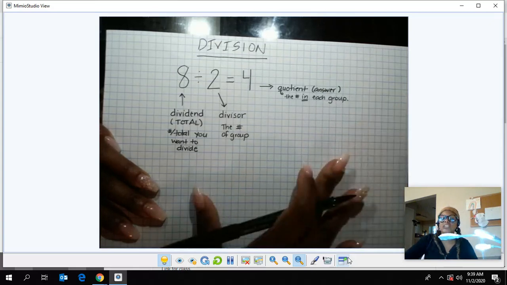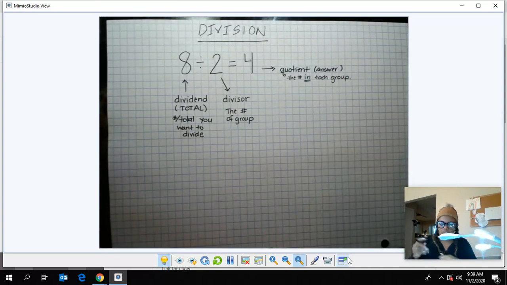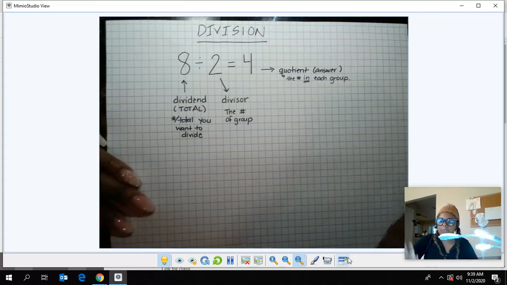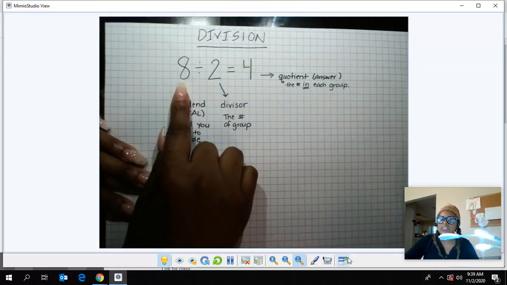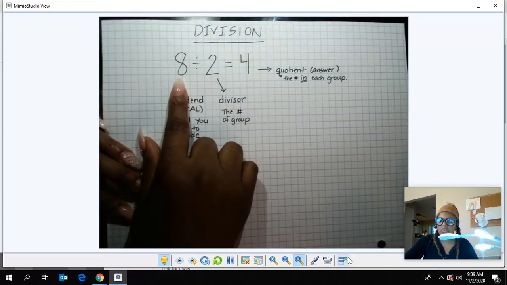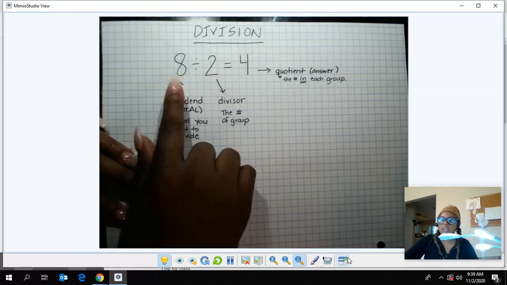So let me use an example that we all know and love, pizza. So let's say we have a medium-sized pizza, okay? That medium-sized pizza has a total of 8 slices, okay?